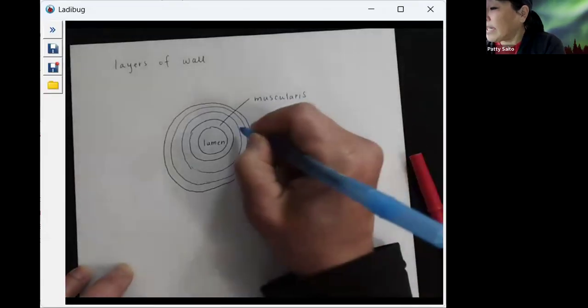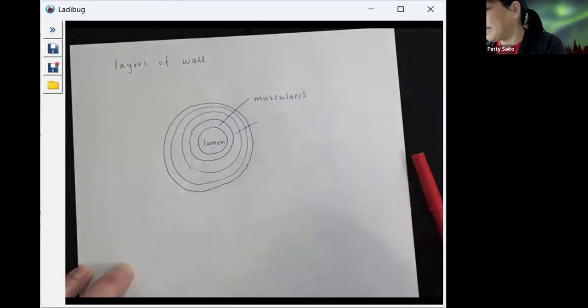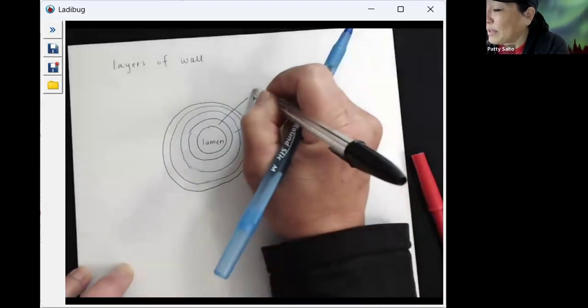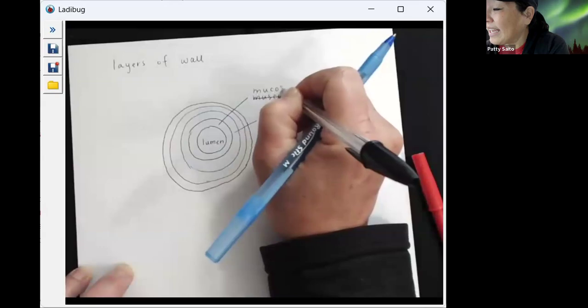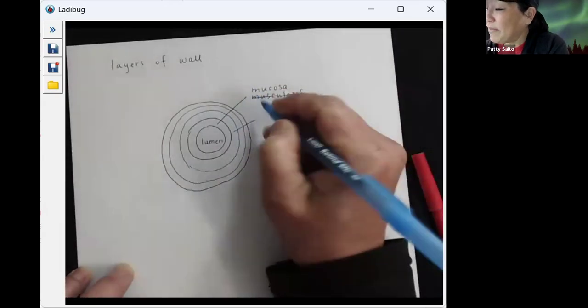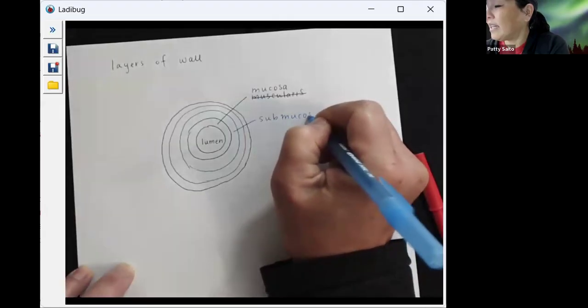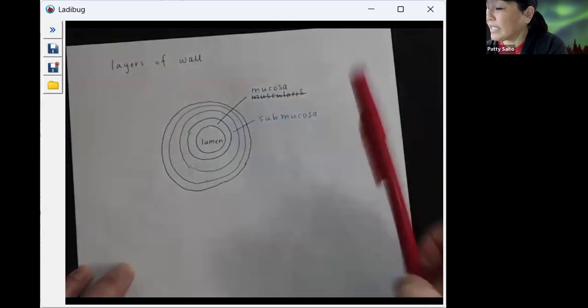Then we have the mucosa, the submucosa. Then we have the muscularis.